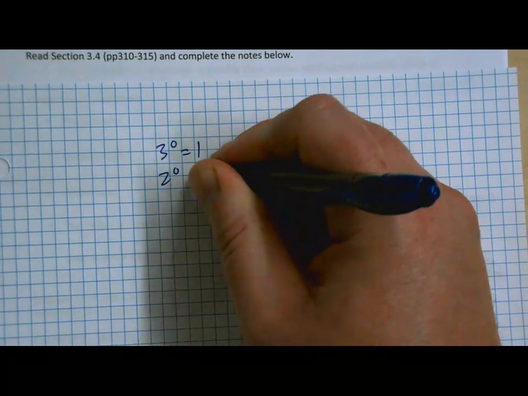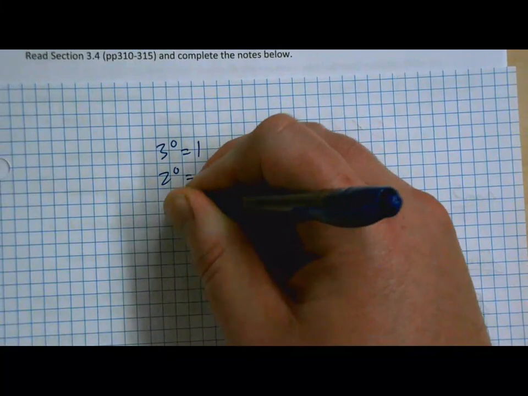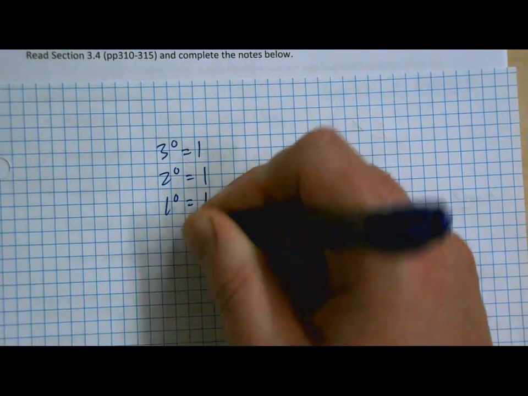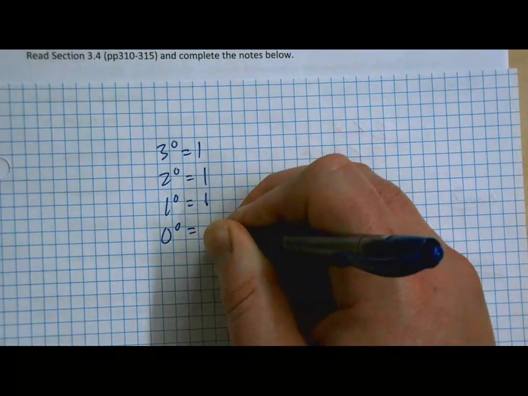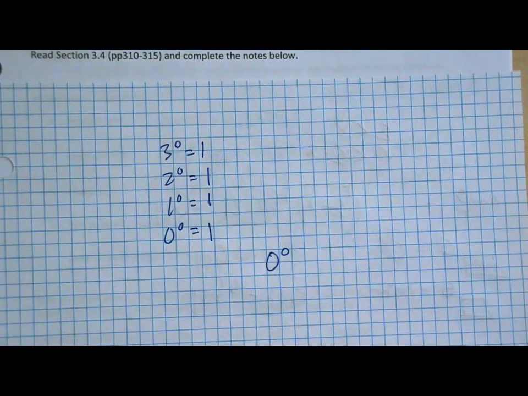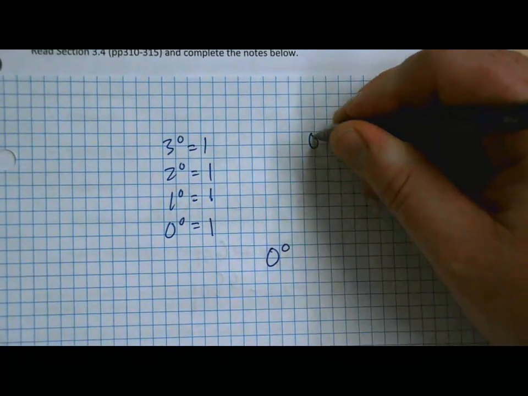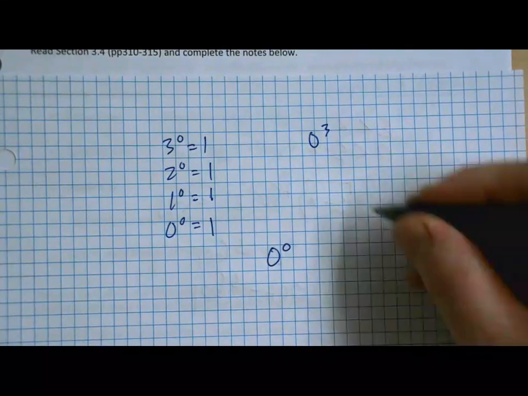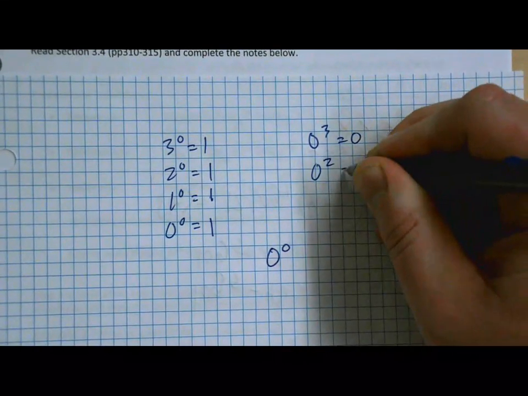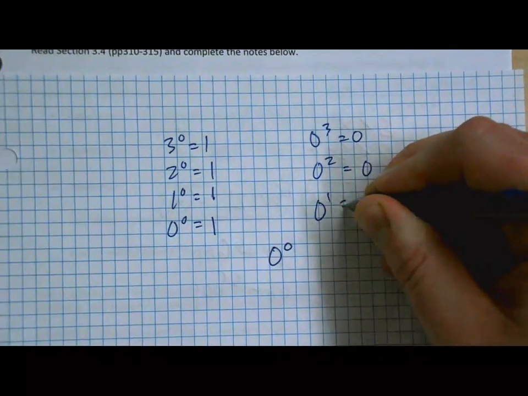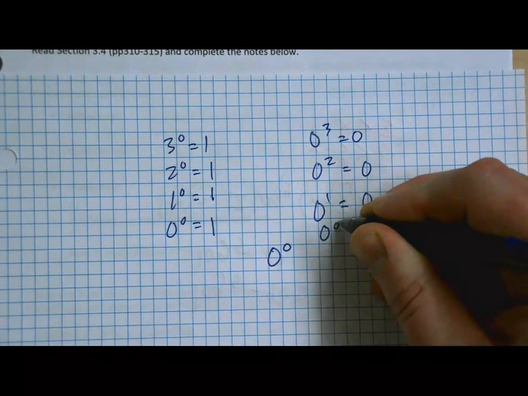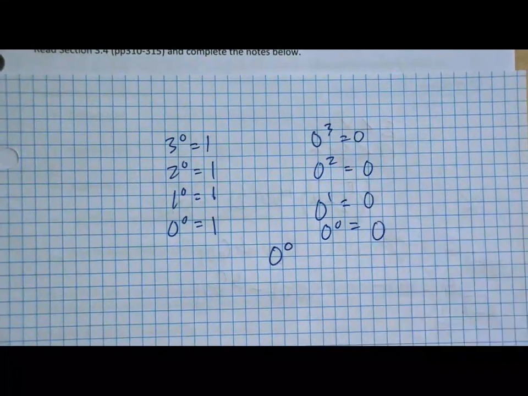And 2 to the 0 is 1, and 1 to the 0 is 1, so 0 to the 0 should be 1, right? So it follows the pattern. Except there's a different pattern. What's 0 to the 3rd power? What's 0 squared? And 0 to the 1st is 0, so then 0 to the 0 should be 0.